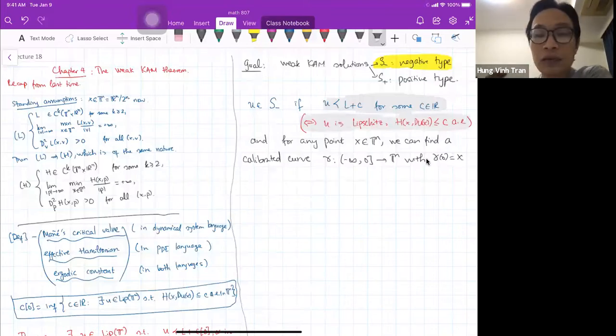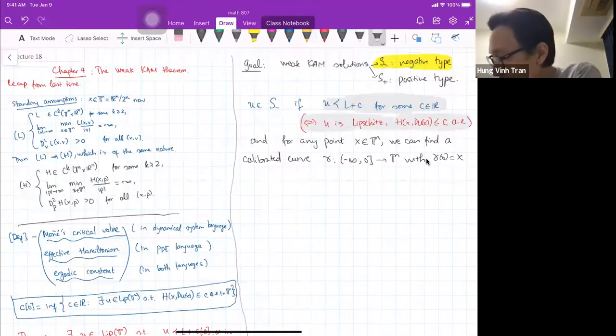So now today we're going to try to go further to understand a bit better about the second claim, what it means, and certain deductions from that sort of requirement. Again, the point now is to understand what it means that given any point we can find a calibrated curve ending at that point.